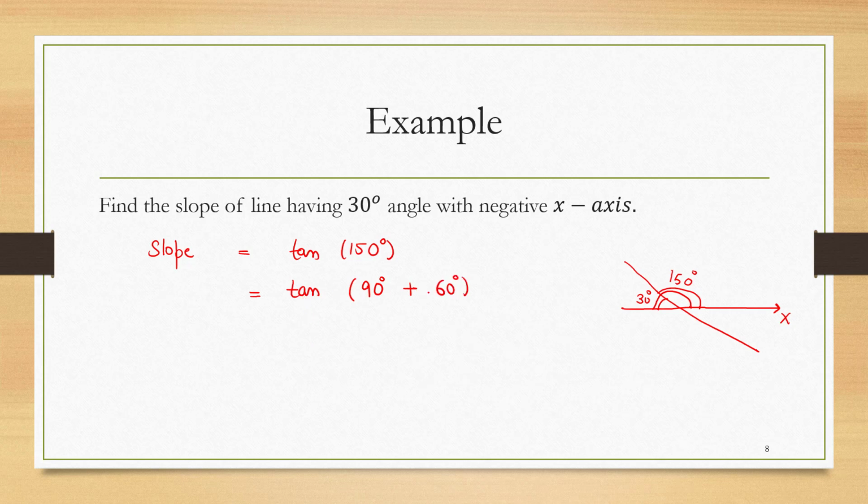Tangent of 90 degree plus 60 degree becomes cot, and since this is the second quadrant, it will be negative cot of 60 degree. Now tangent of 60 degree is square root 3, so cot of 60 degree will be 1 by square root 3. So this is the required slope, -1 by square root 3.